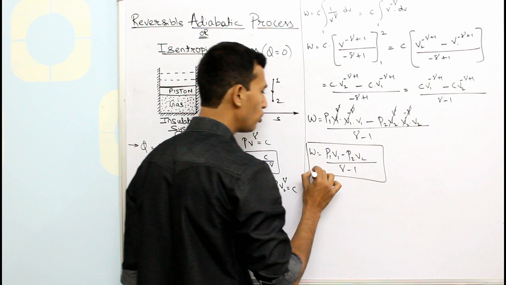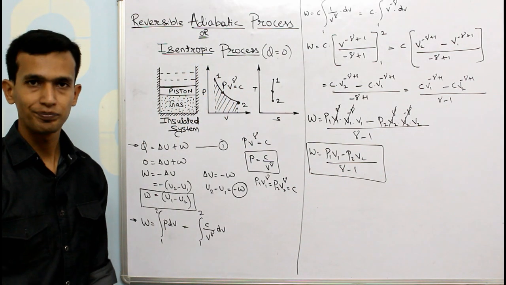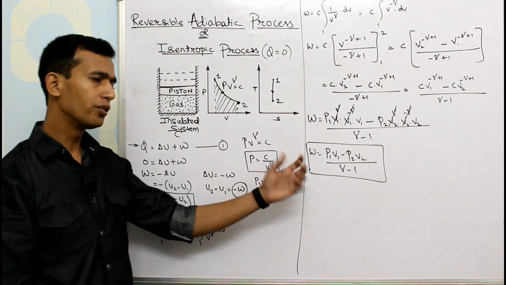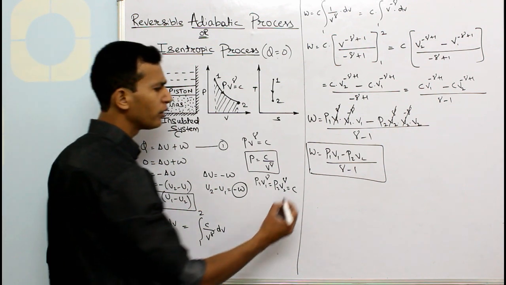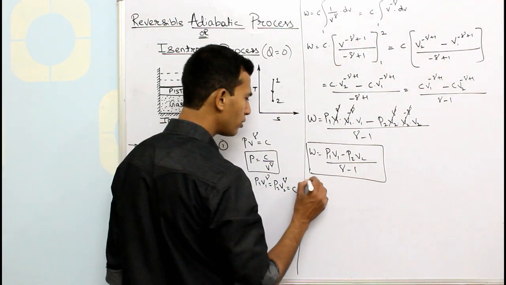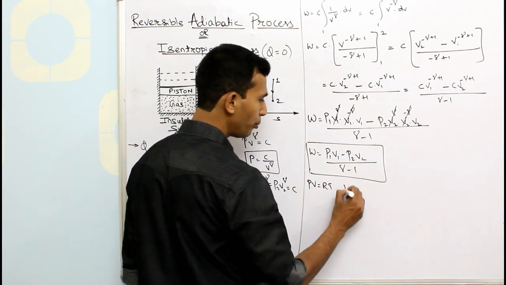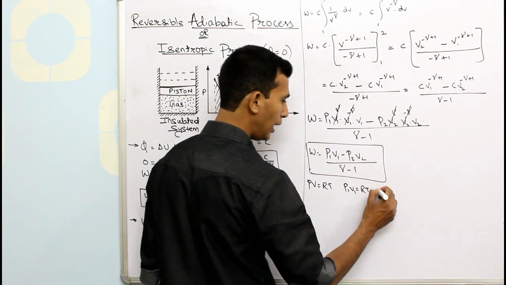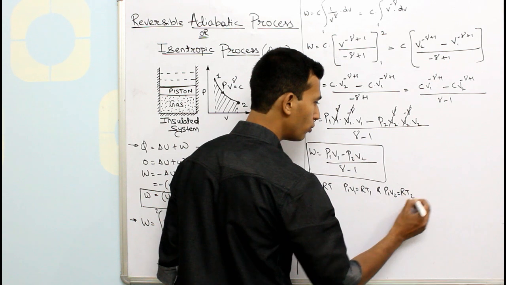So this is the amount of work done during an adiabatic process. So this is the value. Now we can also write this in terms of temperature. How? We know that as per the ideal gas equation PV equals RT, and that means P1 V1 equals R into T1 and P2 V2 equals R into T2.